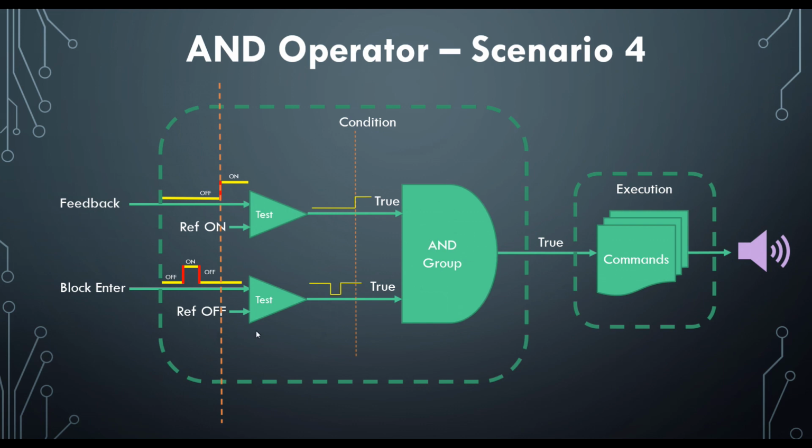So, although the logic described for this scenario was correct, the off reference state for block enter is not something that we are able to specify in the condition. And in fact, for all the block conditions, we can only specify and therefore test for the active or on state.